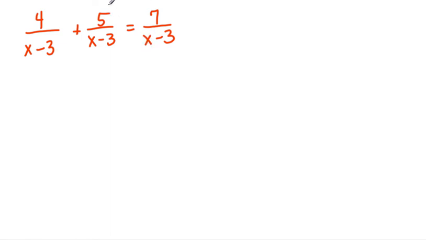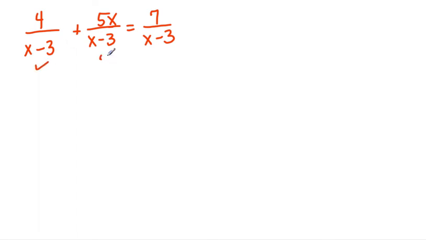Oh, this is a terrible problem. Put an X on the 5. All right. Do I have fractions? Well, let's get rid of them. Multiply by X minus 3. That's the LCD. What's the denominator here?